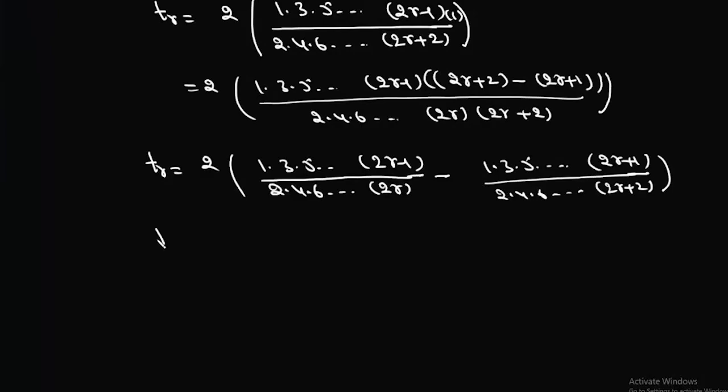Now if we write T1 will be 2, and here it is 1 by 2 minus, and this is 1 into 3 and 2 into 4, because if we put r as 1, this is 2 and this is 4, and here it will go up to 3. Now if we put r as 2, it will be this 2.